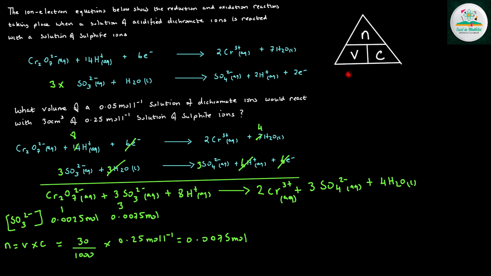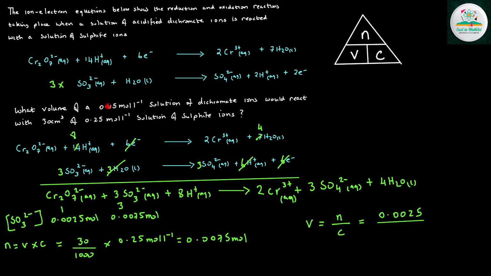So the next step would be to use this triangle and work out the volume. So volume is, V is equal to n over C. So the number of moles that I have is 0.0025 over the concentration.